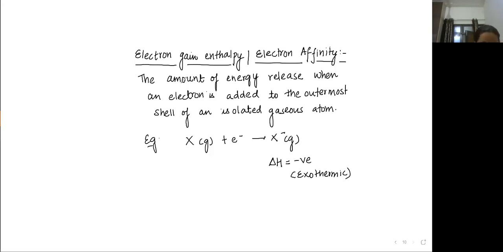Now, what is electron affinity? Let us say for fluorine gas, if you add an electron, the electron gain enthalpy is minus 328 kilojoule per mole.